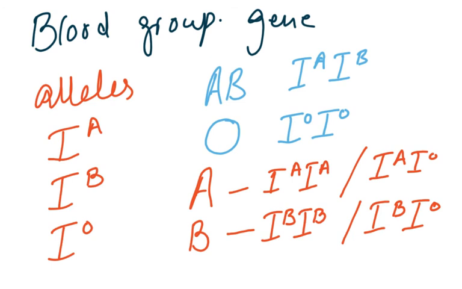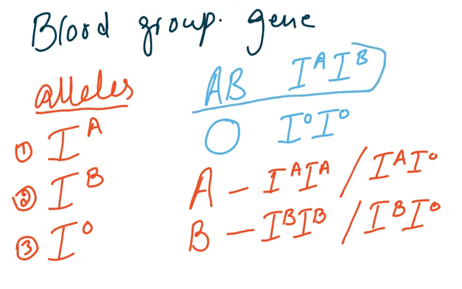Blood group gene. Now, blood group has 3 alleles. IA is 1, IB is 2 and 3 is IO. Now, IO is recessive, of course. Now, the 4 different blood groups, for blood group AB, there's only one possibility. So, this will be the genotype, IAIB. And this is a phenomenon of codominance.